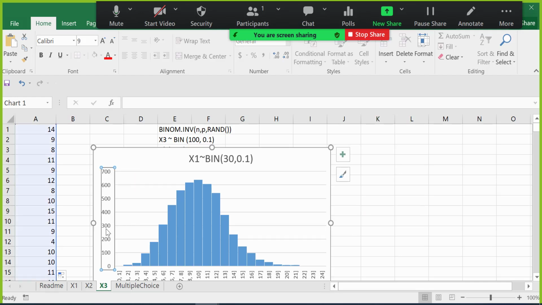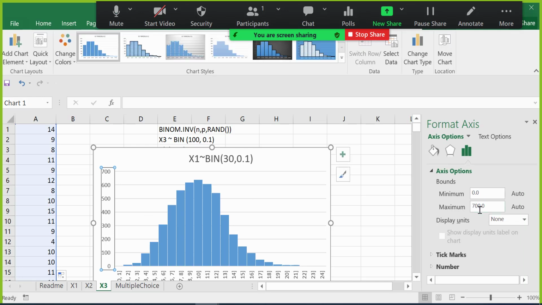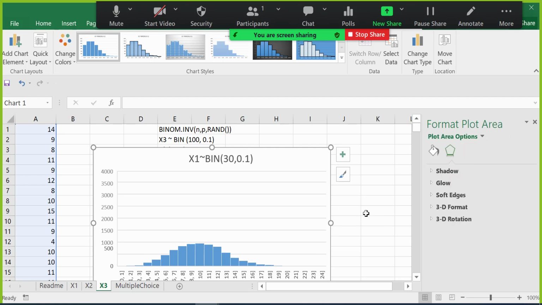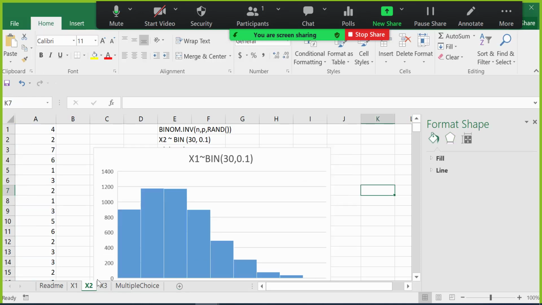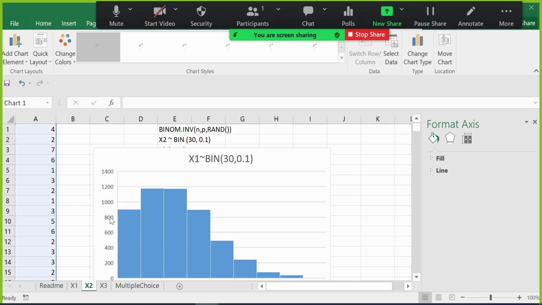So if I change this one, double click. So minimum still 4,000. We'll see what it looks like. It's like this, right? But that's what we want because we want them on the same scale.